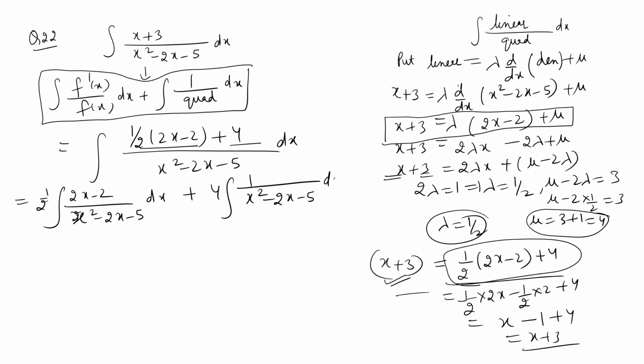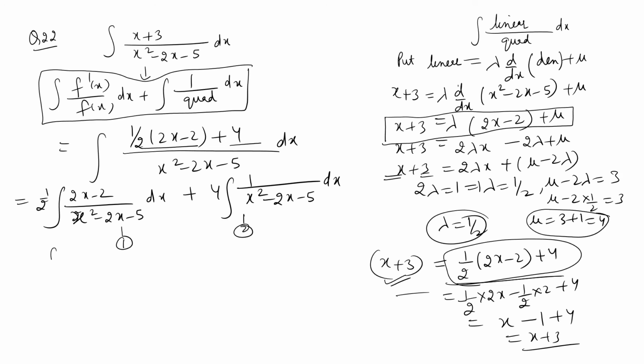If you observe, you can very well say that x square minus 2x minus 5 has derivative 2x minus 2. So half is outside, and this is of the form f dash x upon f x, plus 1 upon quadratic. Whatever constant is there will be adjusted.